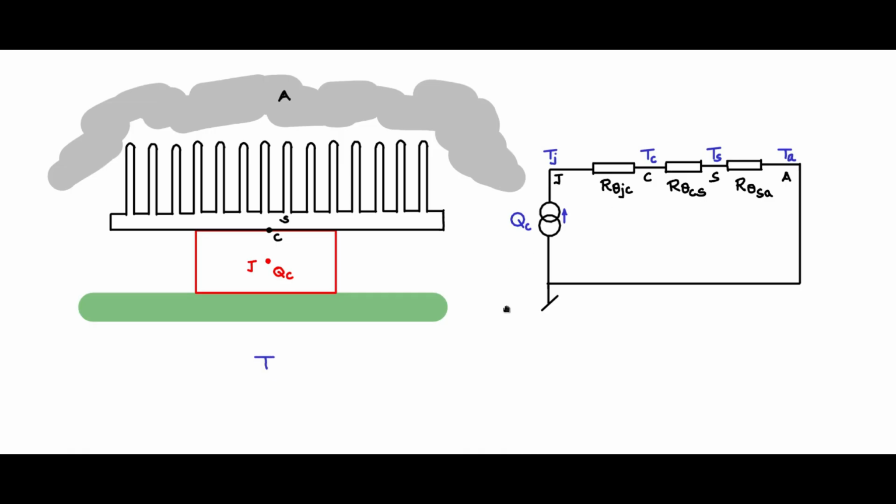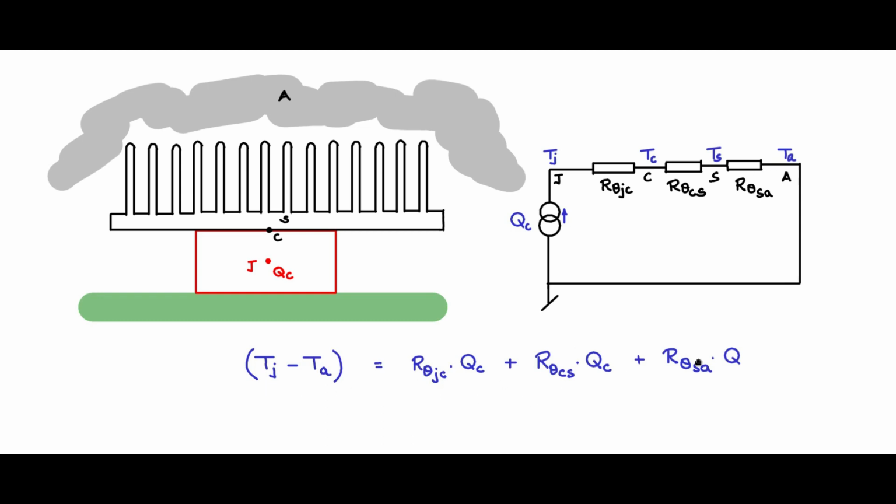So let us write the relationship: Tj minus Ta equals, what is the temperature drop across R theta Jc? It will be R theta Jc into the heat flow QC. So R theta Jc into QC, plus R theta Cs into QC, the same QC which is flowing through this thermal circuit, plus R theta SA into QC will be the temperature drop across this thermal resistance.